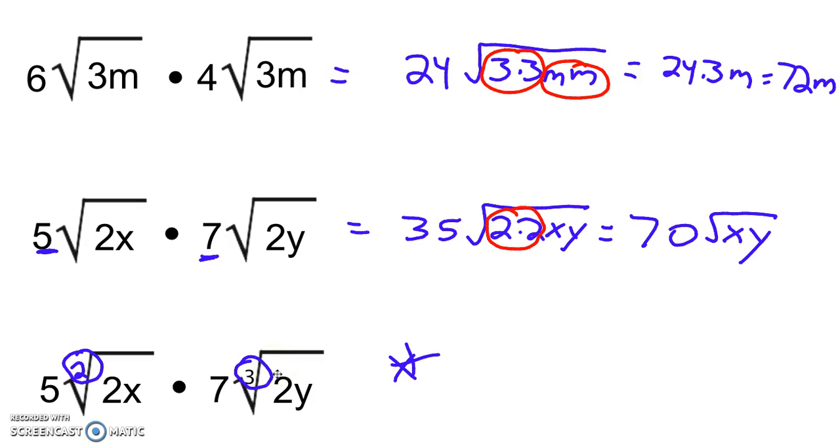So even though I would like to, there's nothing that I can do to this problem except possibly multiply the stuff that's outside the radical. I can do 5 times 7 and get 35, but my radicals have to stay separate because one's a square root and one's a cubed root. And so this is as simple as you could make this answer, and it doesn't really look very simple, but it is simplest form.